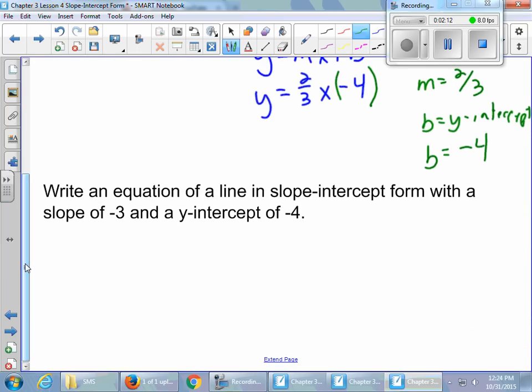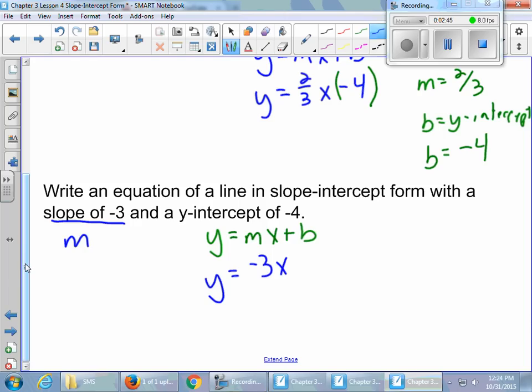Now, write an equation of a line in slope-intercept form with a slope of -3 and a y-intercept of -4. First of all, write down your equation: y equals mx plus b. Slope is our m, so we have y equals -3, and x stays the same.